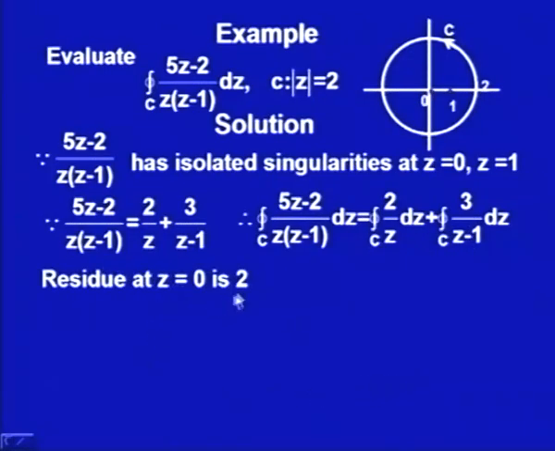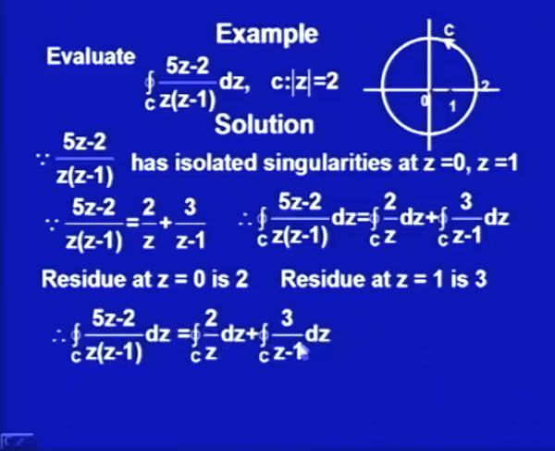So, the residue at z = 0 for the function 2/z is 2, and for the function 3 upon z minus 1 the residue at z = 1 is 3. Hence, this integral would be 2πi into 2, that is 4πi. This integral would be 2πi into 3, that is 6πi, again 10πi.